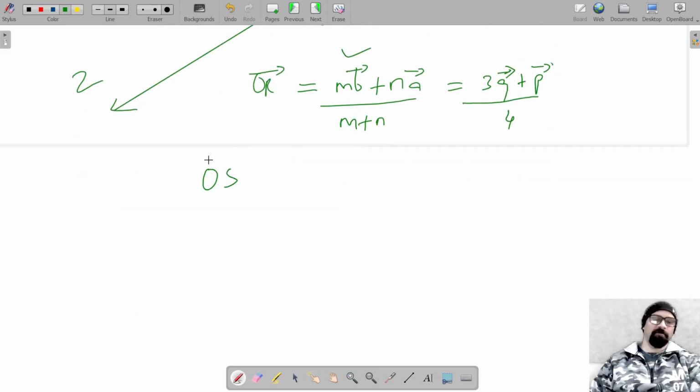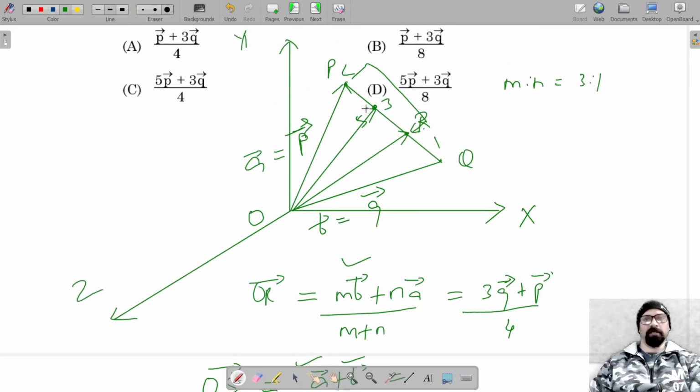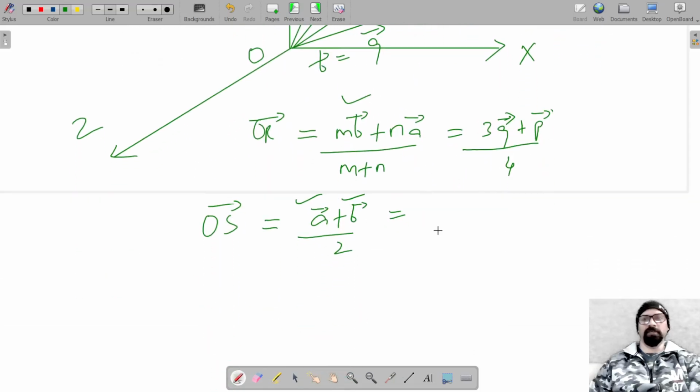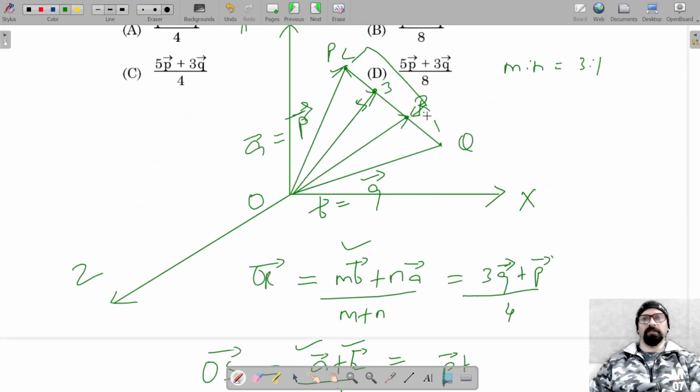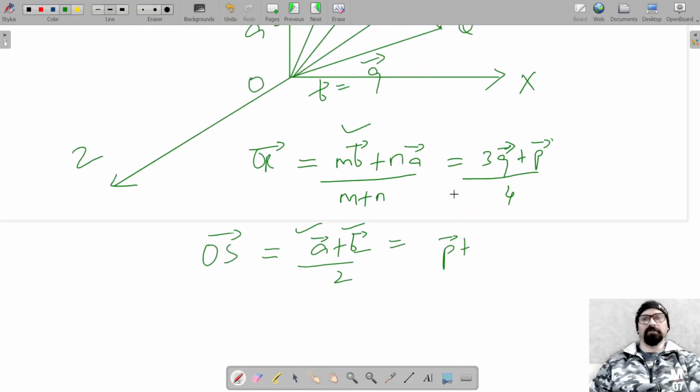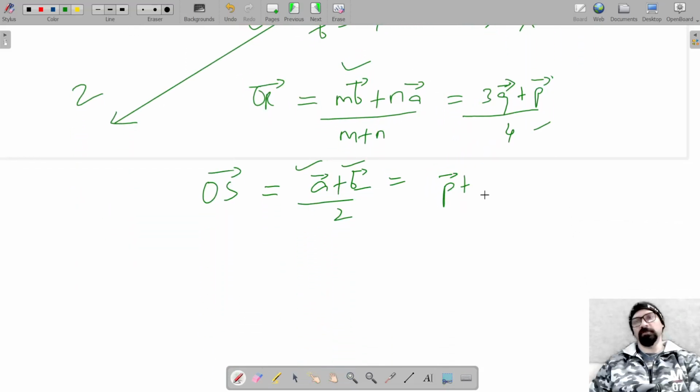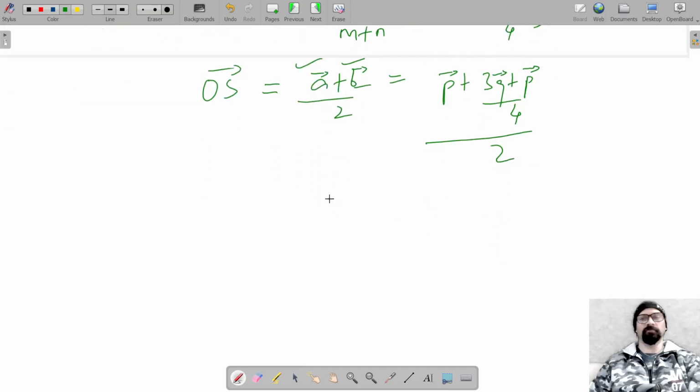So S is the midpoint of PR. So the position vector of OS is equal to A vector plus B vector divided by 2. Now A is the position vector of P, which is P vector, and B vector here is the position vector of R, which is 3q plus P vector divided by 4, the whole divided by 2.